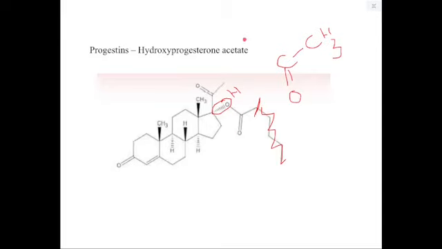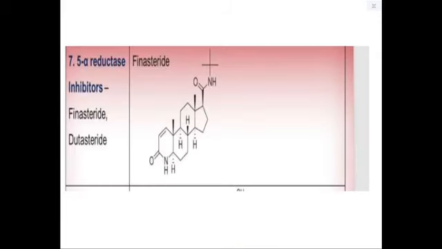But under normal circumstances, progesterone does not have an oxygen here. Because of the introduction of the oxygen there, where you have addition of an acetyl group, we call it hydroxyprogesterone. But as I have said, the acetate is because now you have an acetate group at that position. So that is also a hormonal drug, which is used as an anti-cancer agent.